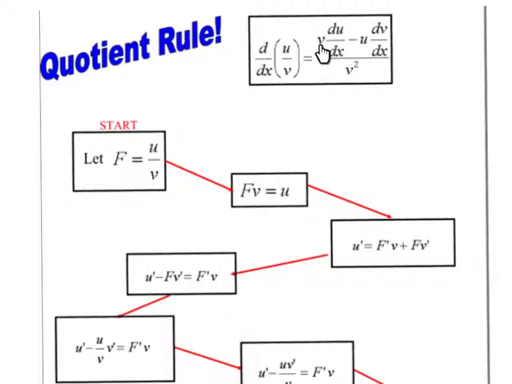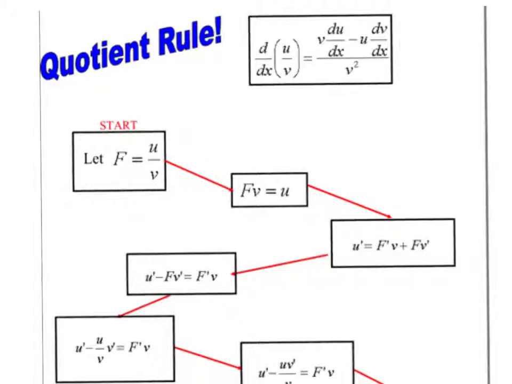Call this the high because it's the numerator. Call this the low because it's the denominator. Low d high minus high d low, cross the line, and square the low.